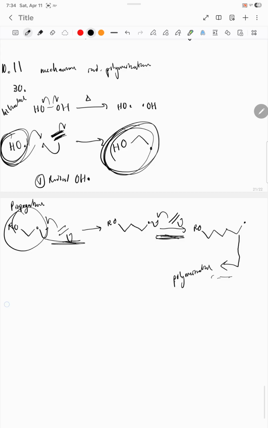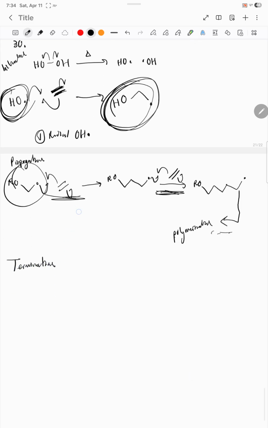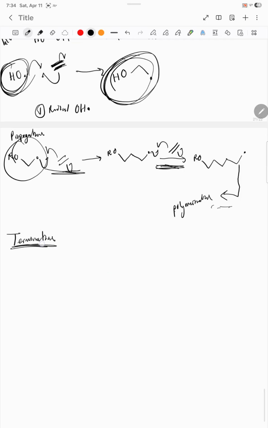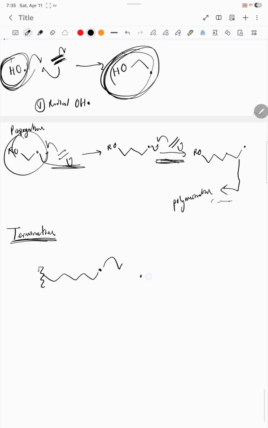But at some point we should end this, because we don't want a polymer that endlessly keeps forming. Well, it should be pretty easy if this was our R that we made. We still have yet to react. Well, we could just couple it up. OH, OR. So we could just couple it up, and basically what we get now is this, OR.